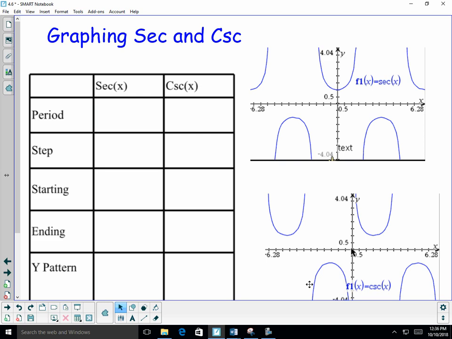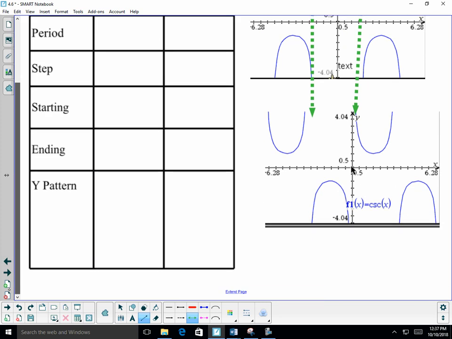Some are going up, some are going down. And then what you really can't see, but I'm going to tell you are there, is you do have vertical asymptotes in between those. So you have a vertical asymptote here and a vertical asymptote here. On the cosecant one, you have a vertical asymptote here and a vertical asymptote here.